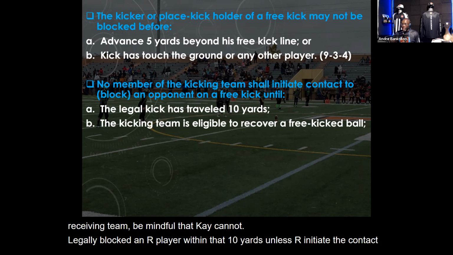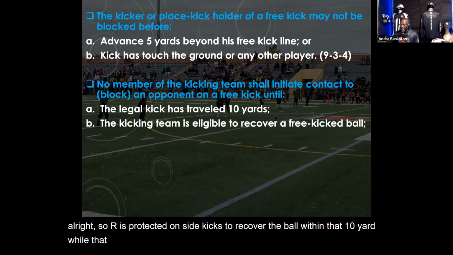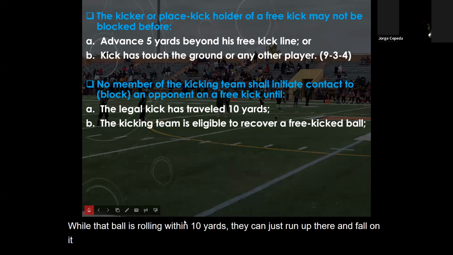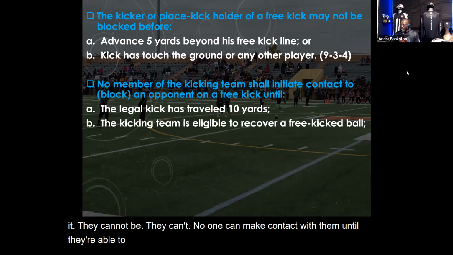All right. So R is protected on onside kicks to recover the ball while that ball is rolling within the 10 yards. They can just run up there and fall on it. No one can make contact with them until they're able to recover the ball.